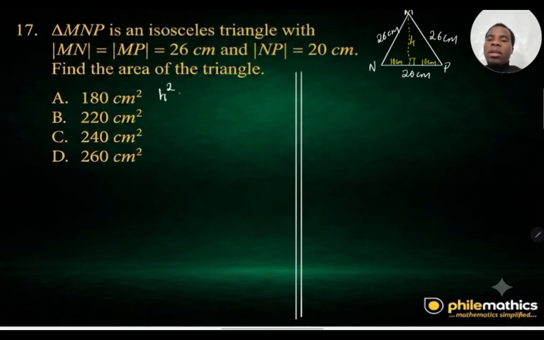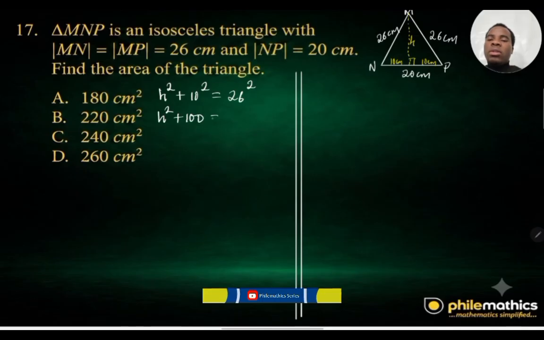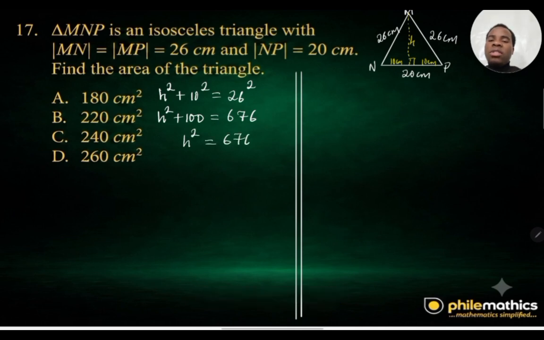And so to find the height, Pythagoras theorem tells us that h square plus 10 square should give us 26 square. So h square plus 100, 26 square is 676. So that h square will give us 676 minus 100. H square will give us 576.